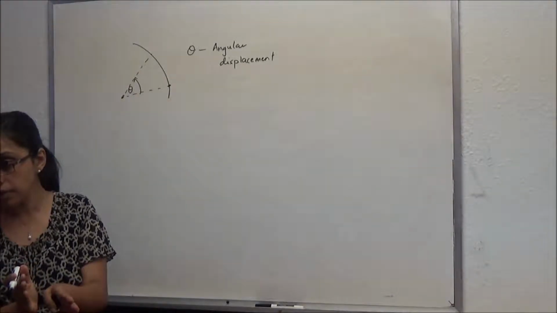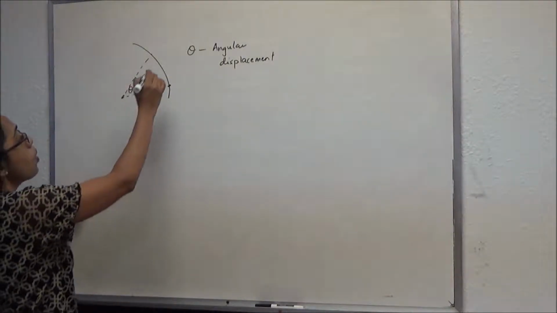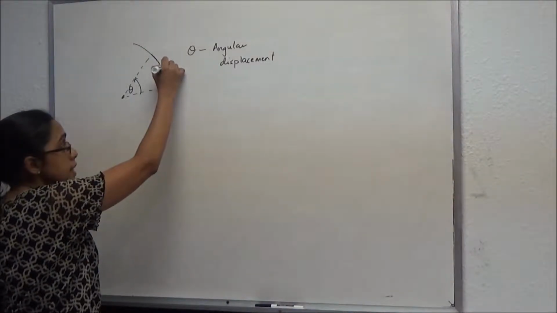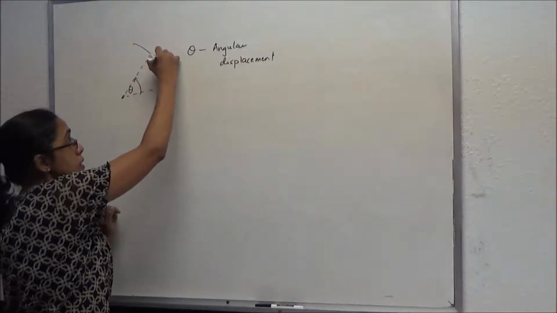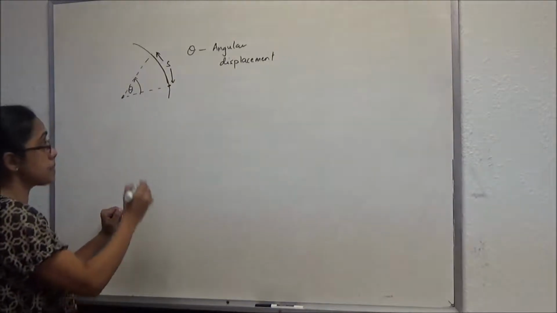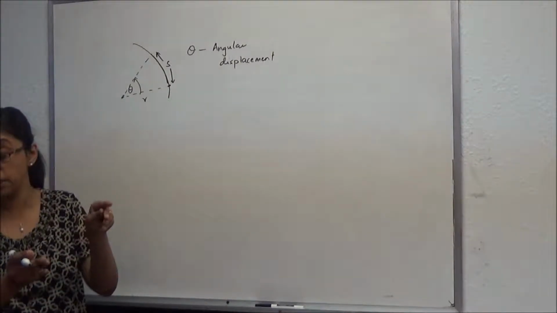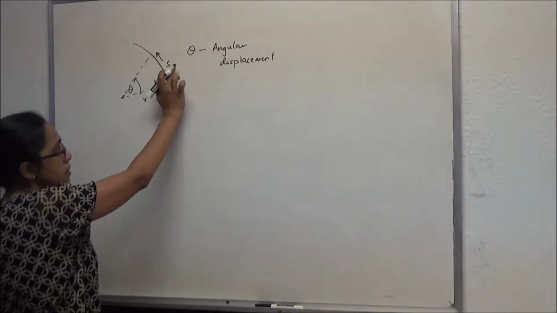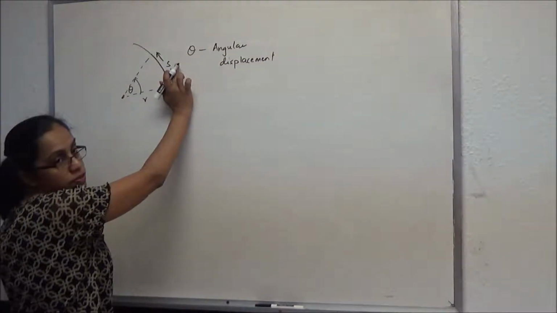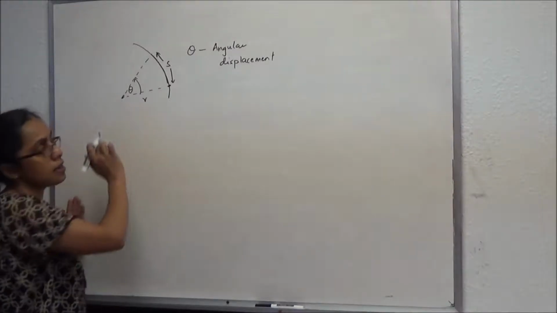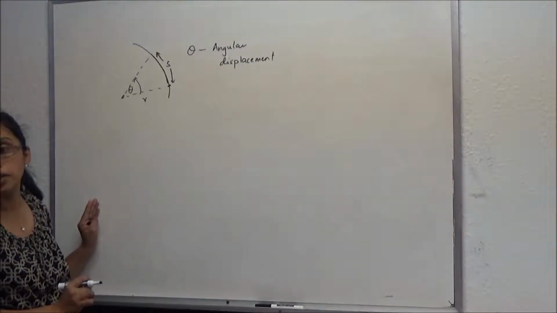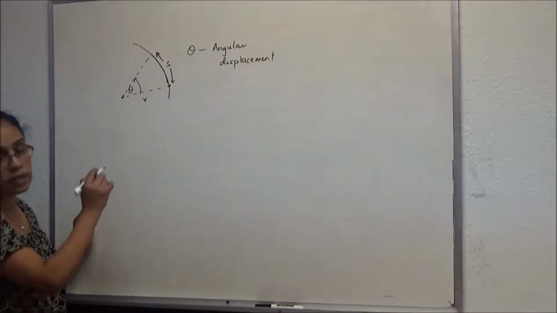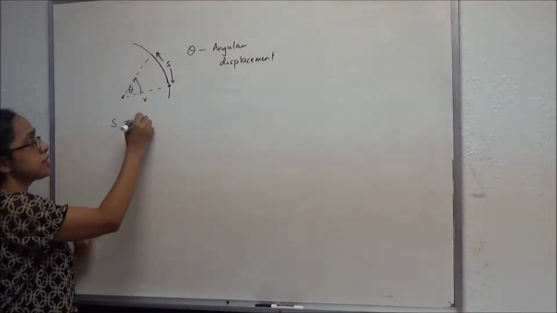If the length of this arc is s and the radius of the circle is r, do you know how to write a relationship between s, r and theta? S equals r theta.